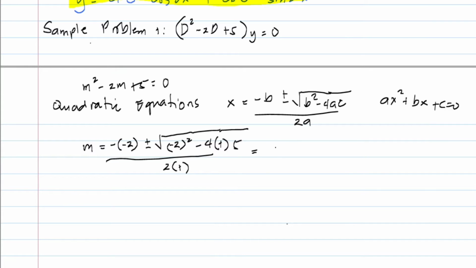Okay, so if we try to continue solving that one, we have 2 plus minus square root of 4 minus 20, right, over 2. And that is 2 plus minus square root of negative 16 over 2.